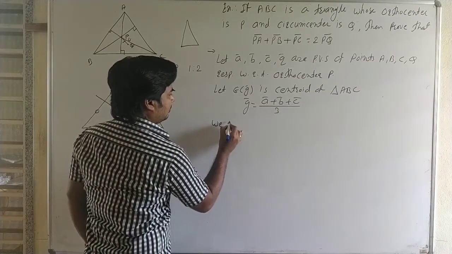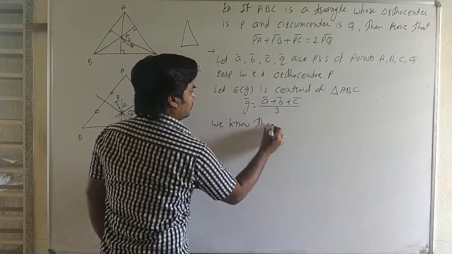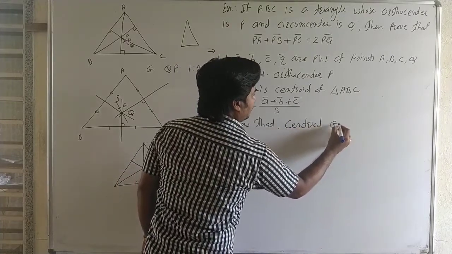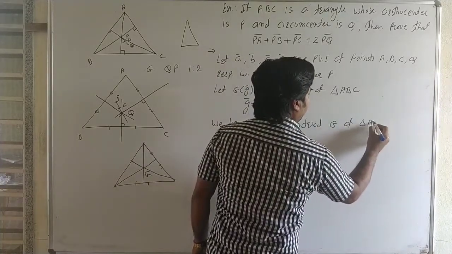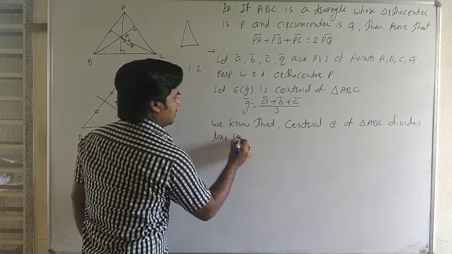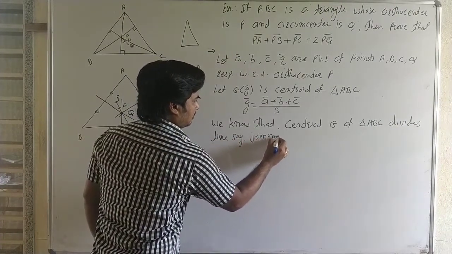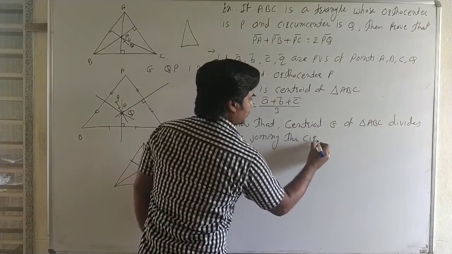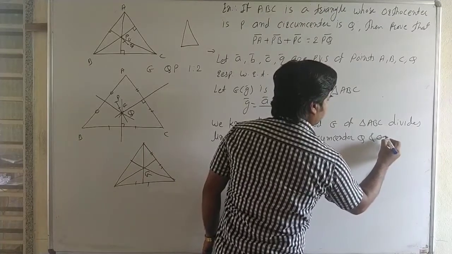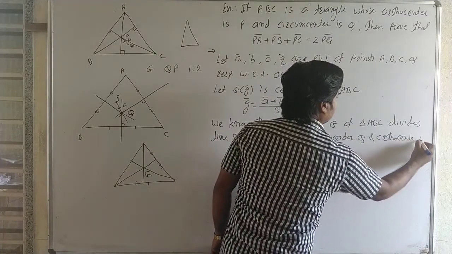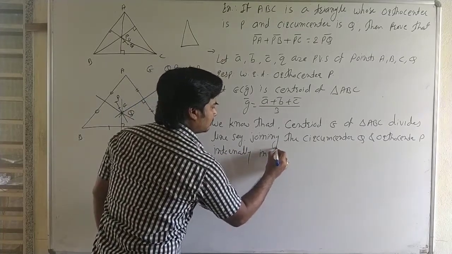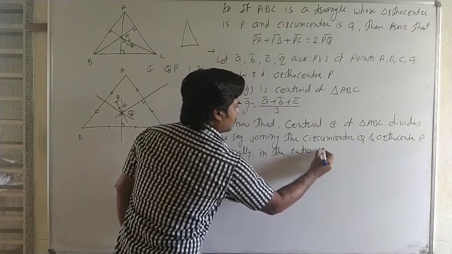We know that the centroid G of triangle ABC divides the line segment joining the circumcenter Q and orthocenter P internally in the ratio 1:2.